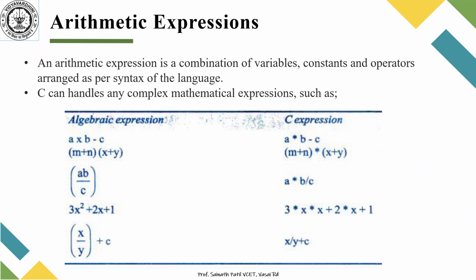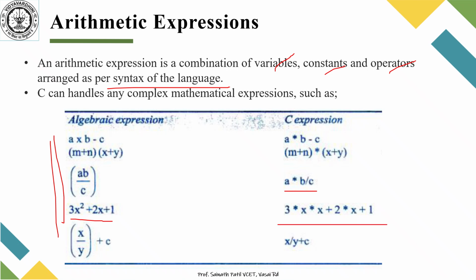An arithmetic expression is a combination of variables, constants, and operators arranged as per the syntax of programming language. C can handle any complex mathematical expressions such as these are the expression given. For example, we consider this expression A into B divided by C. So it can be given as a asterisk b slash c, or 3x square plus 2x plus 1.